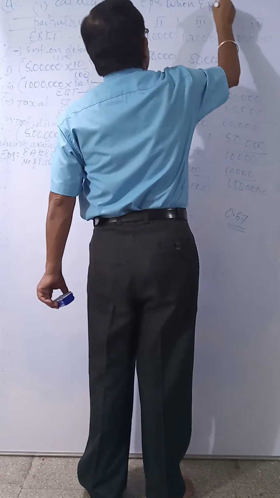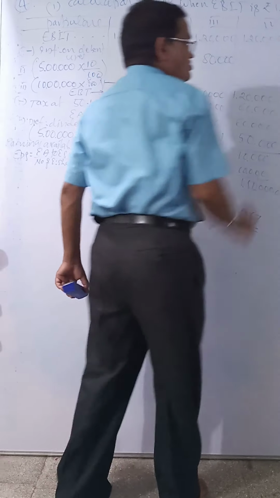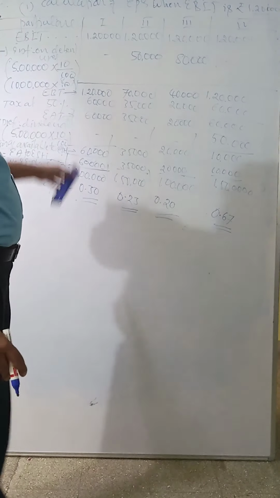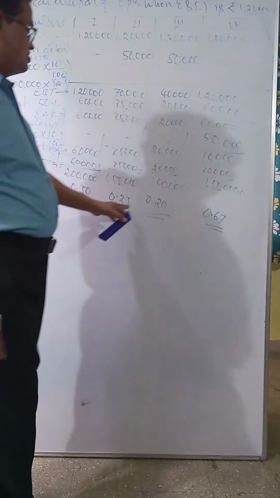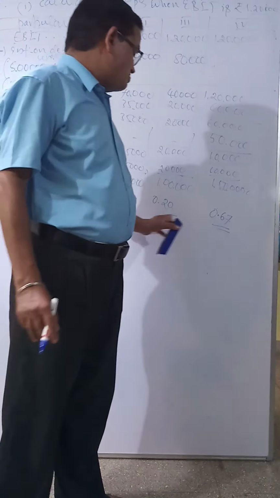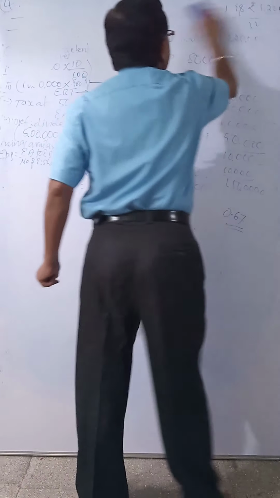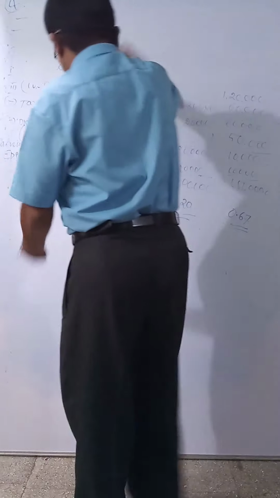So this is the EPS when EBIT is rupees 1,20,000. Understand? 30 paise, 23 paise, 20 paise, 67 paise per share. After understanding this, if EBIT is 1,20,000, EPS is this much.